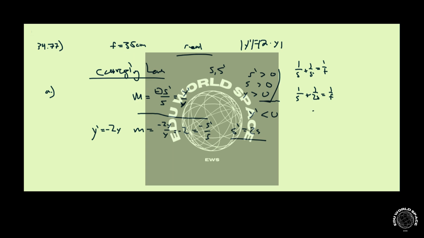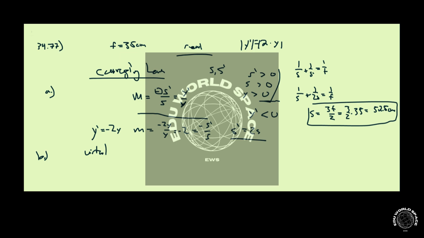If we rearrange this and solve for s, we can see that it's just 3f over 2, or 3 halves times 35, and that's 52.5 centimeters. So all we have to do is put the object 52.5 centimeters to the left of the converging lens, and we'll get it where we want it. Awesome. So part B now.